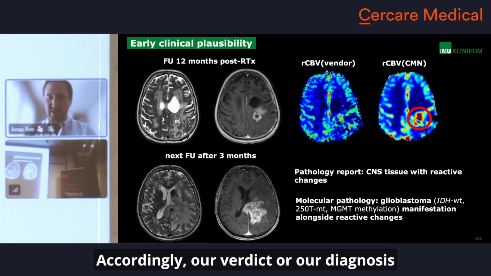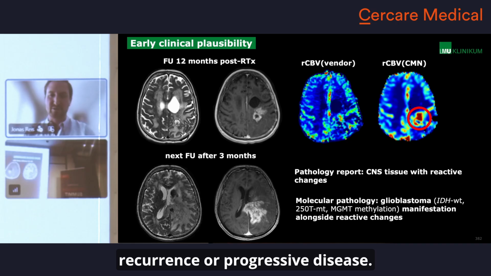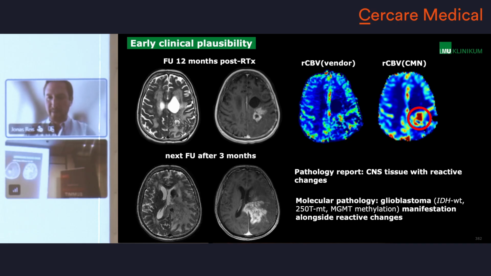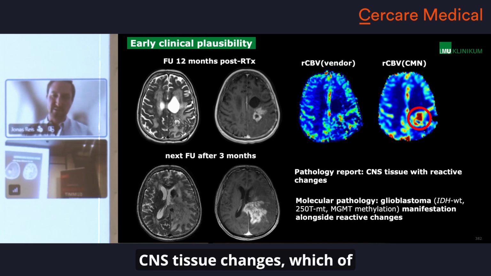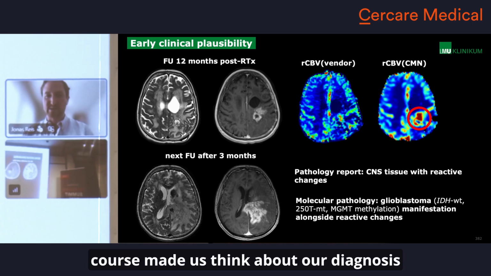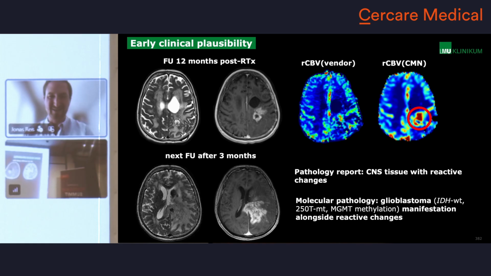Accordingly, our verdict, or our diagnosis, was suspected tumor recurrence or progressive disease. But the initial pathology report described only reactive CNS tissue or changes, which of course made us think about our diagnosis and also about the perfusion signal.